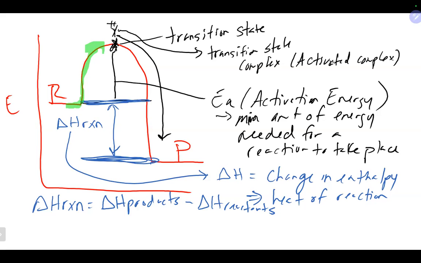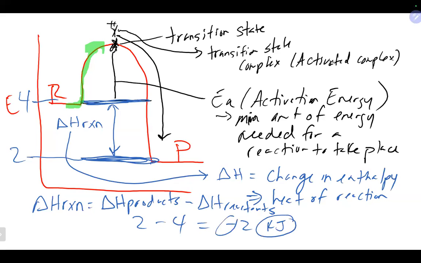If I took 2 minus 4, I end up with what type of number? I end up with a negative number here. So if we made up some numbers, say that was 2, that was 4, if I take 2 minus 4, I end up with a negative 2. We'll call it kilojoules. But important here is that I end up, as I mentioned earlier, with a negative value for delta H, and negative values are associated with an exothermic reaction.